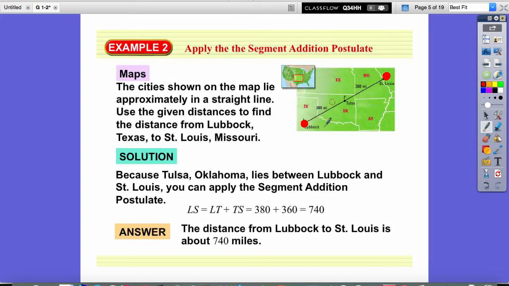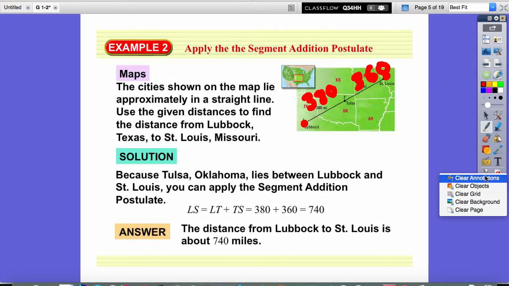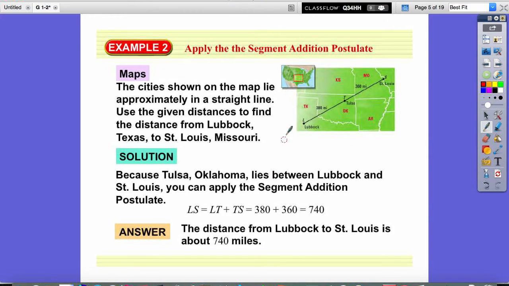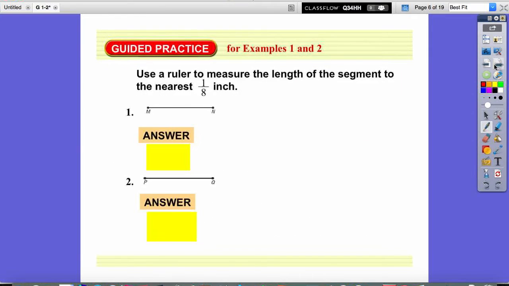Tulsa to St. Louis says 360. It's hard to read that. It says 380. This says 360. When you add them together, you get 740. So it is fair to assume that from Lubbock to St. Louis is about 740 miles, and the most expedient way is to drive through Tulsa.